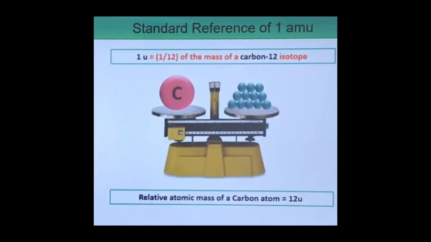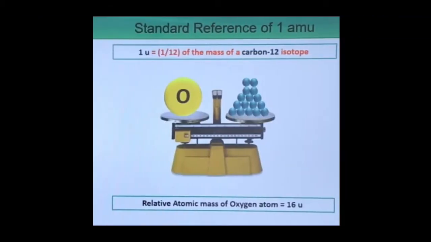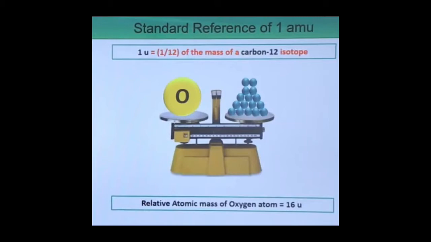It means that a carbon atom weighs 12 U. That is, the relative atomic mass of a carbon atom is equal to 12 U. Using the same standard value, that is 1 U is equal to 1 by 12 of the mass of a carbon-12 isotope, we have calculated that the relative atomic mass of oxygen is equal to 16 U.